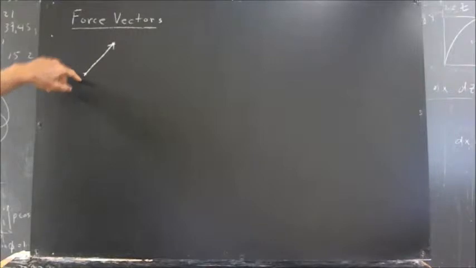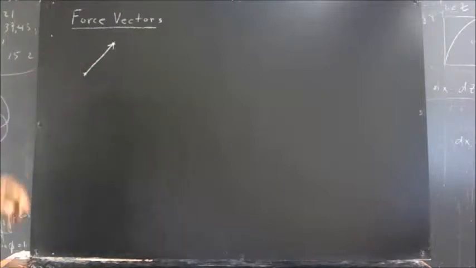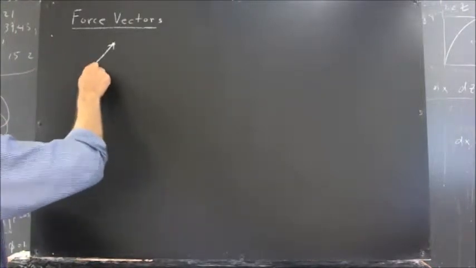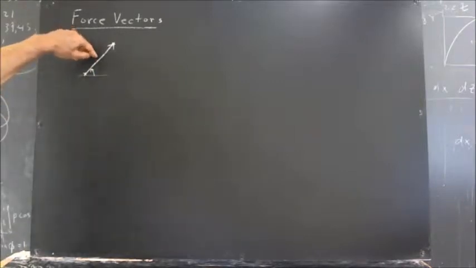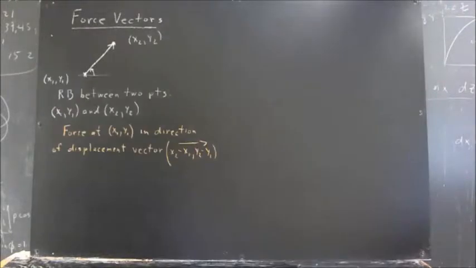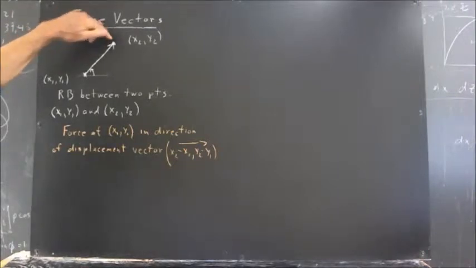Okay, now this point has coordinates and this point has coordinates. And this displacement vector then has certain magnitude and angle. And the magnitude of the displacement vector is the length of the rubber band. So let's write some of that down. The rubber band is stretched between this point and this point.